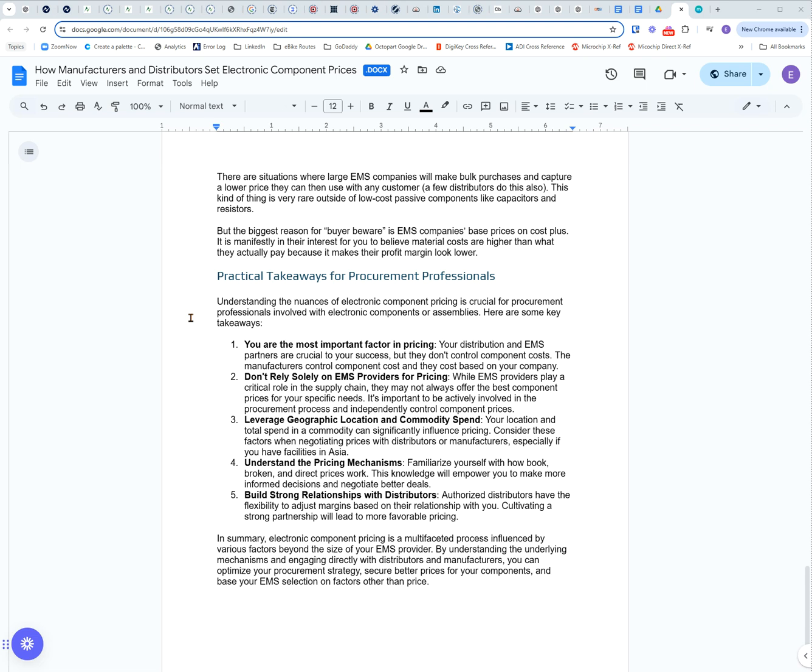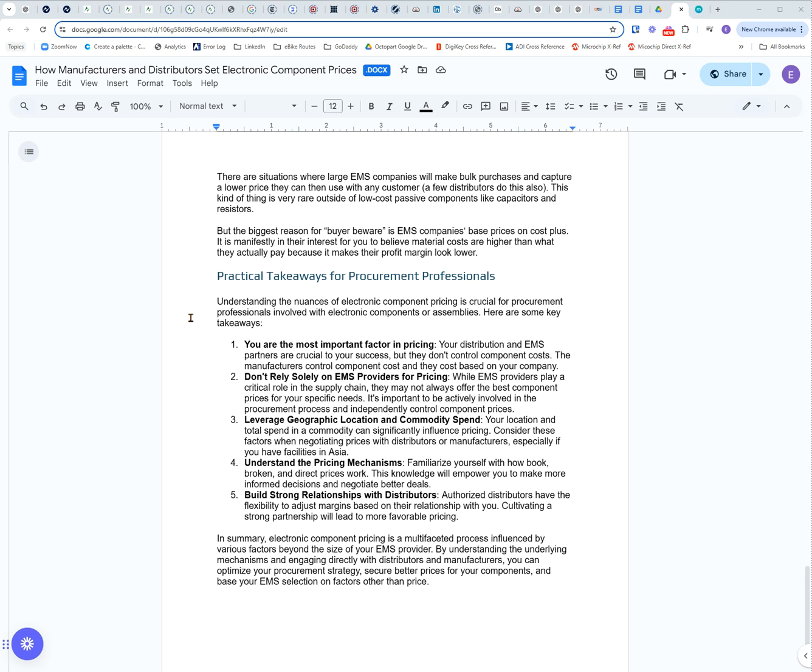Second thing, never rely on EMS providers for pricing. They play a critical role. They do amazing things. They're hugely undervalued for the technical contribution that they make to the manufacturing process, but don't trust them for component prices.